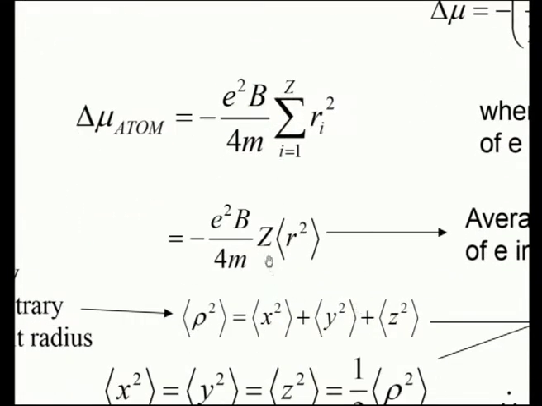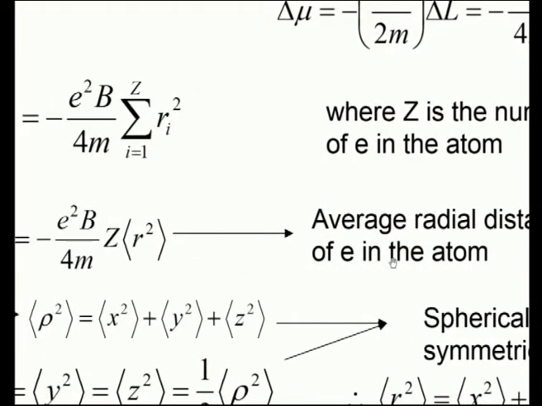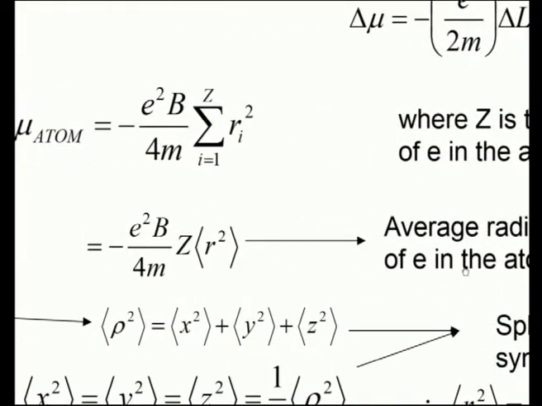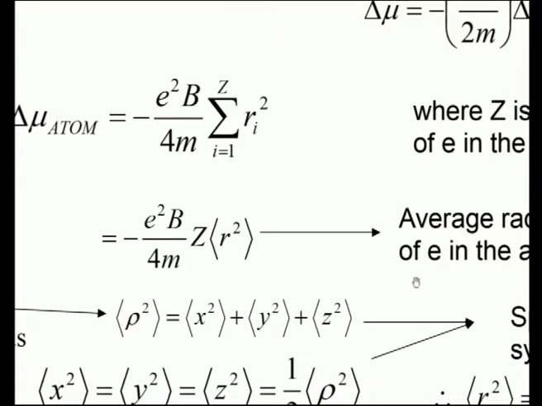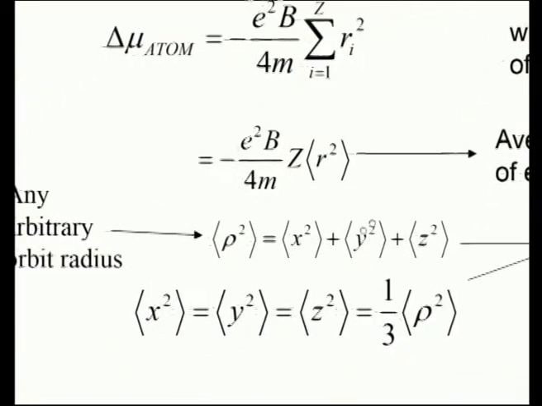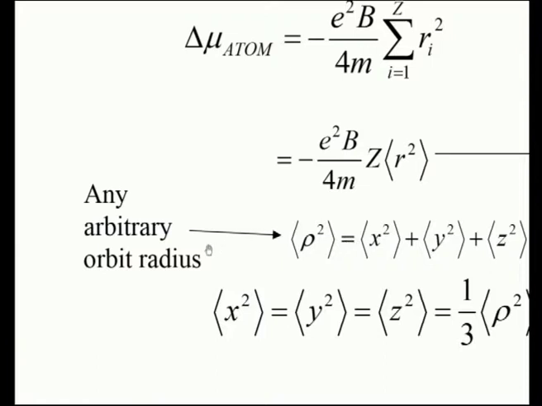Then we can write this summation over Ri square as Z times the average square value, the average radial square value of an electron in an atom, and this is obtained as follows.